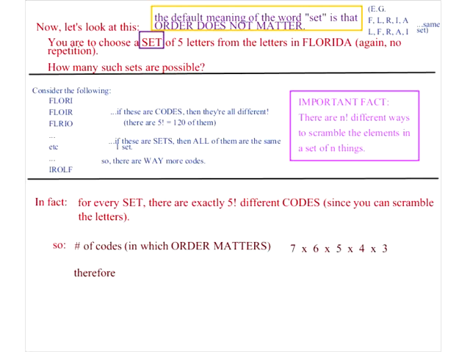Therefore, for the number of sets, what arithmetic are we going to have to do? Text box, anybody know? If order doesn't matter, what arithmetic will we have to do to find the number of codes?